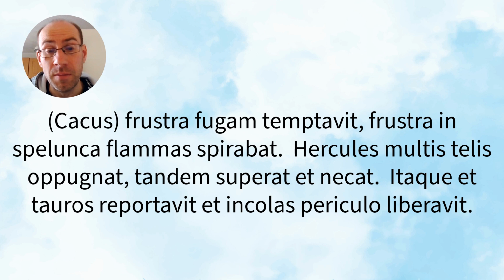From the periculum. Periculum, second declension neuter, is danger. From the danger, free from is an ablative. Periculo. Itaque, and so, et tauros reportavit. He both restored, returned the bulls, et incolas periculo liberavit, and he freed, liberated the people, the inhabitants, from the danger of Cacus, of course.